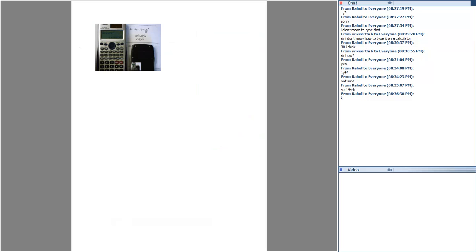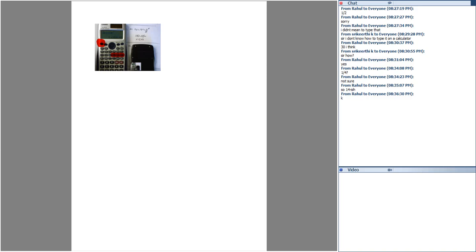Okay, so in order to find out the angle, this is the procedure. What you simply have to do is use the shift button here, and then use the sine or the cosine or the tan. Okay, that is the procedure.